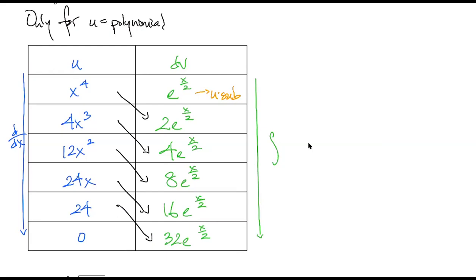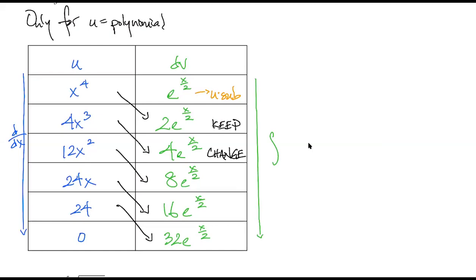The last trick to this is you're going to alternate sign. So for the first one, x to the 4 times 2e to the x over 2, we're going to keep the sign. If it's positive, we keep it positive. If it's negative, we keep it negative. But the second set, 4x cubed times 4e to the x over 2, we're going to change the sign.